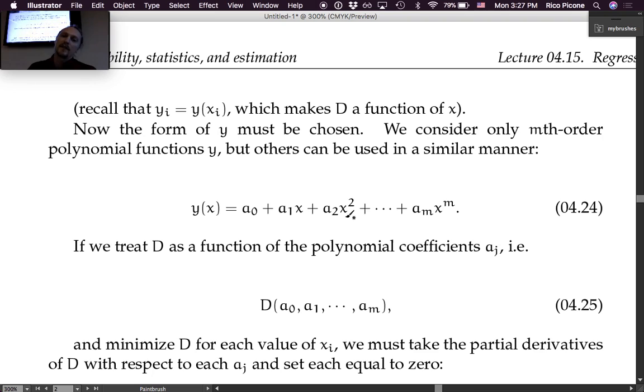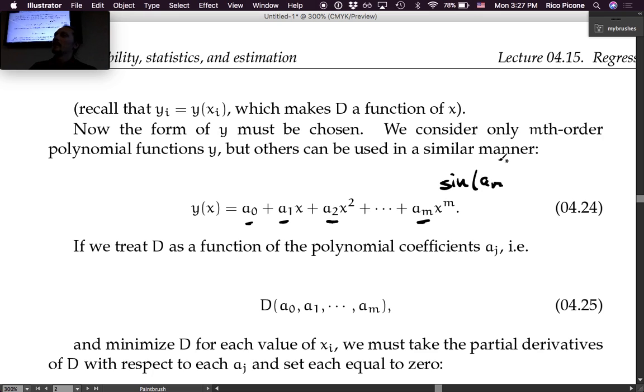So for instance, A2, A1, A0, AM, they all enter linearly. They're not squared or anything, right? Or square root of AM. None of that. The other thing that would be bad is, for instance, you could use things like sine, but you couldn't put an AM in the sine.